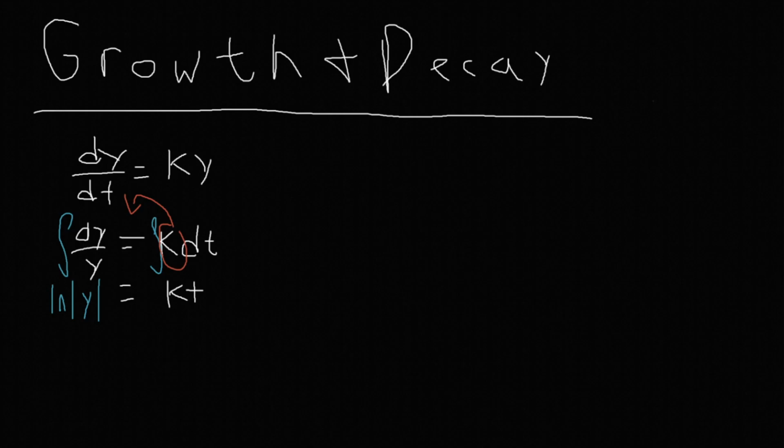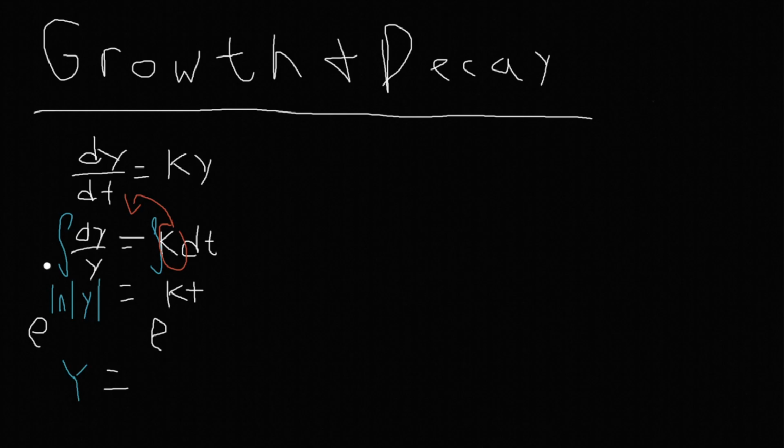But we have not yet solved for y here. So let's solve for y. We're going to exponentiate both sides. So we're going to do e to the power and e to the power. Because e and ln are inverses, we're left with y on the left-hand side.